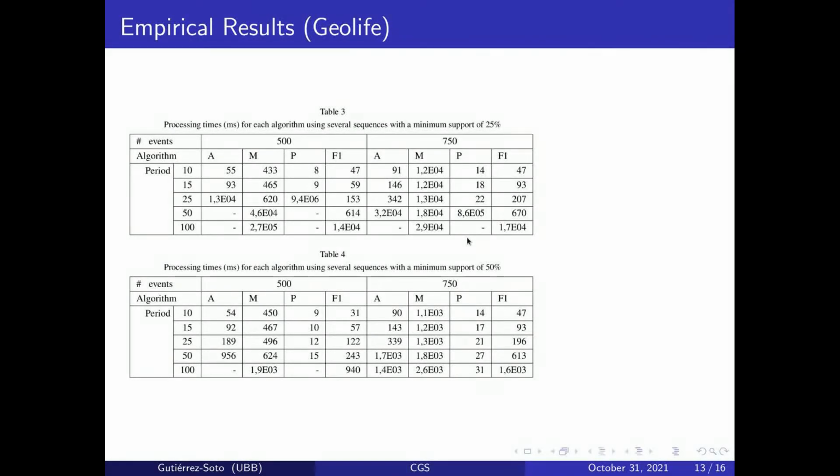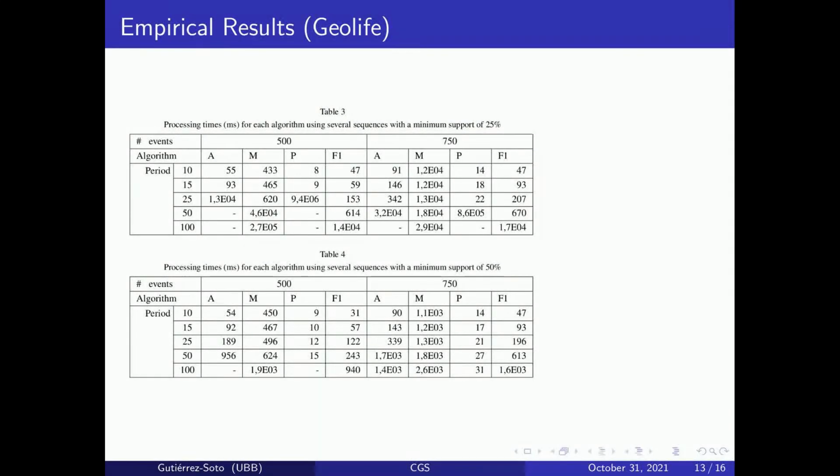It's very important to mention that F1 does not need a minimum support. That is very interesting, because every time you increase the support, you can discard some patterns. For example, if the type of the pattern is not so frequent, you can discard it when you increase the minimum support.